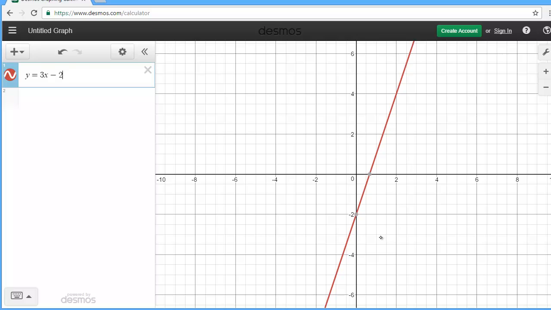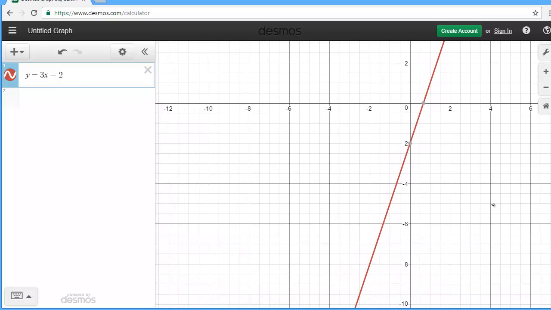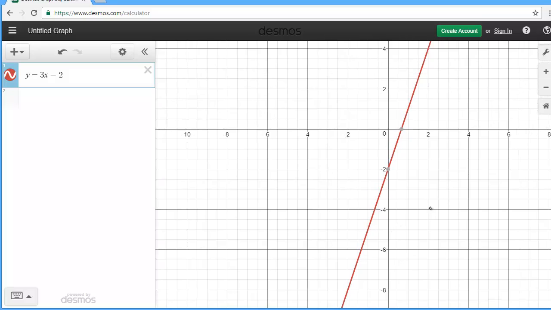And let's just check some of the values. We can't see all of them, so let's just move the graph. So when x was negative 2, we got negative 8 as the y value, that's correct. And at negative 1, we got negative 5.